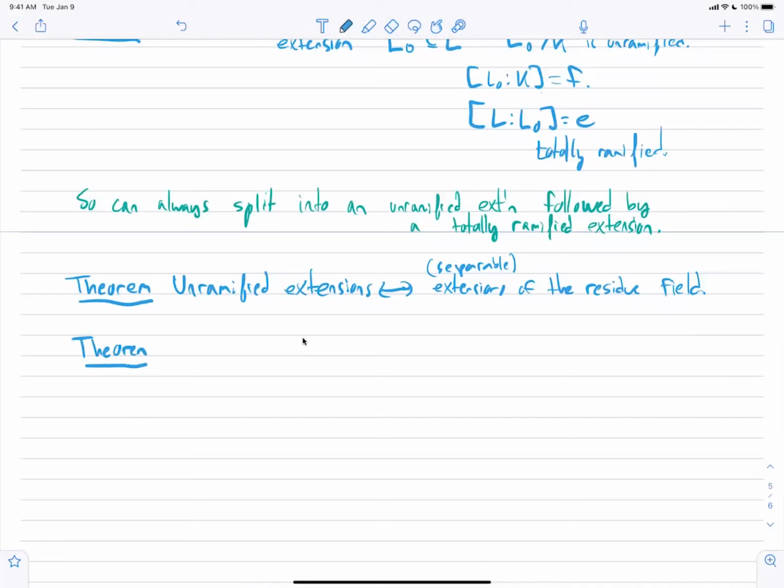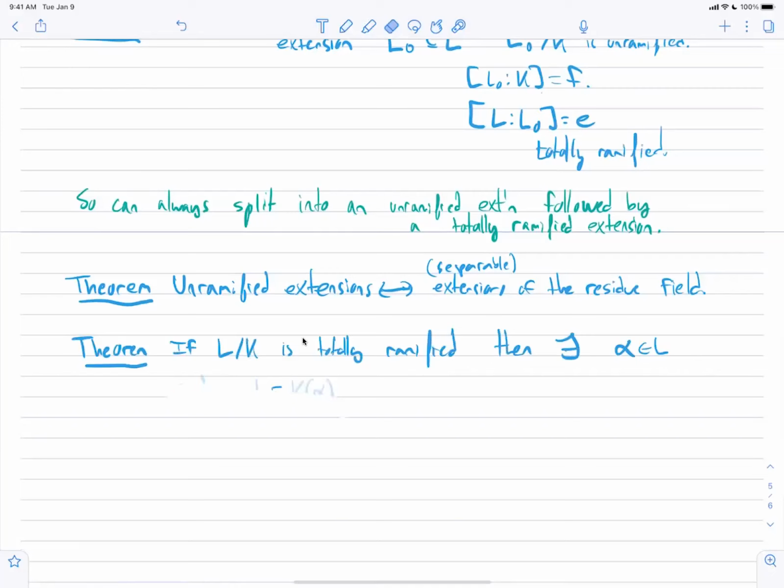Let's say if L over K is totally ramified, then there exists alpha in L such that L is equal to K(alpha). So there's some primitive element alpha.